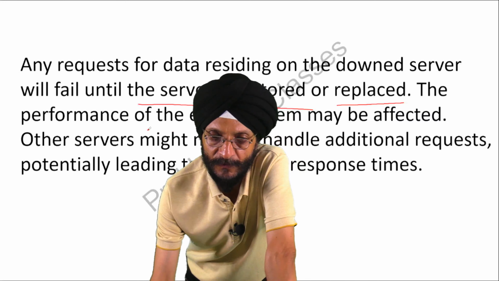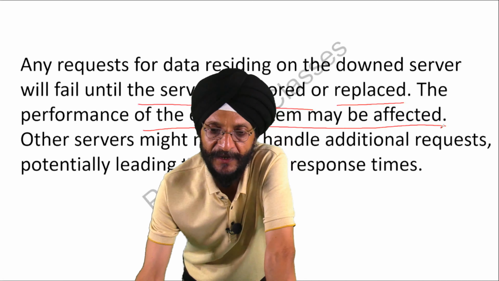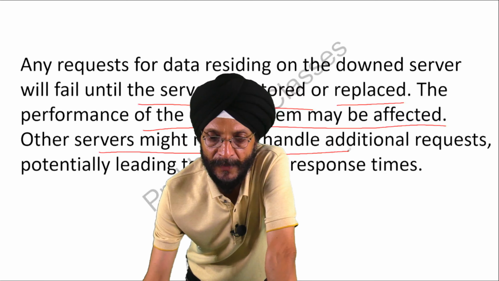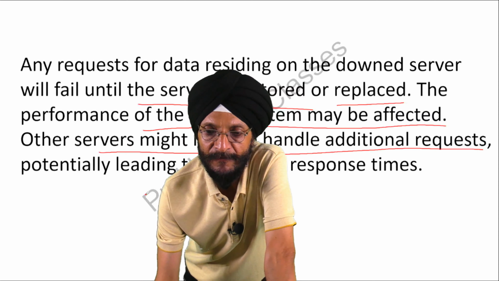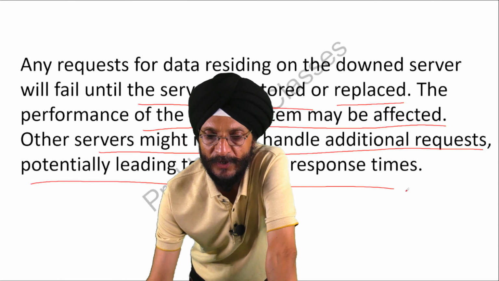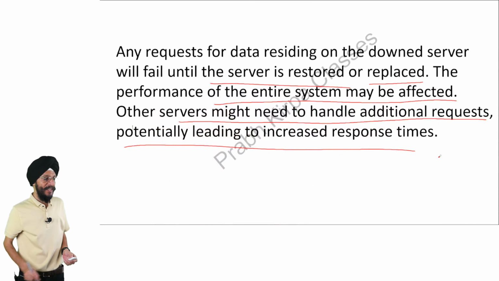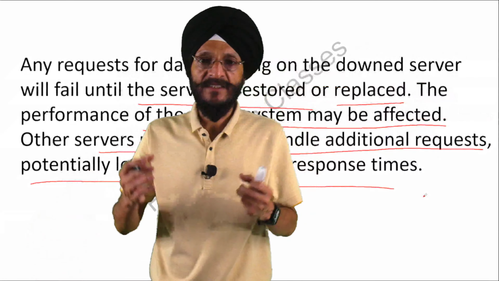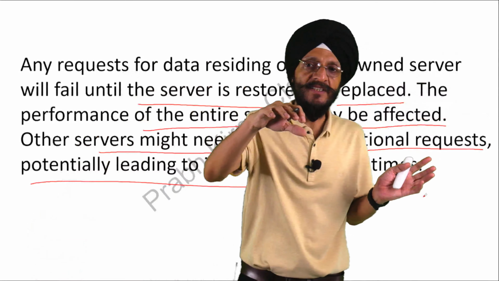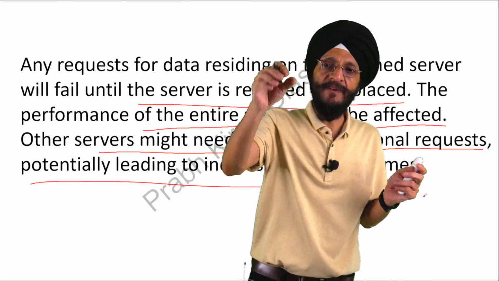The performance of the entire system may be affected. Other servers might need to handle additional requests, potentially leading to increased response times. As the workload on the other servers increases, if a particular server fails, then the response time will naturally increase.